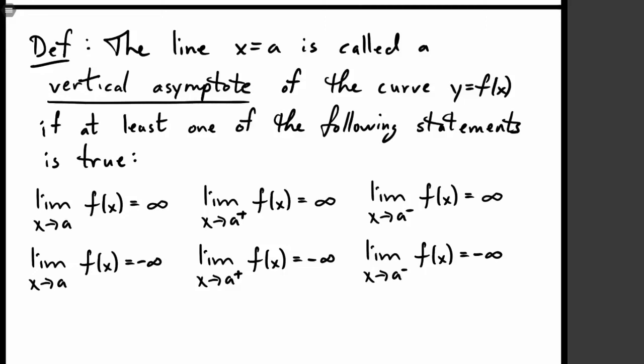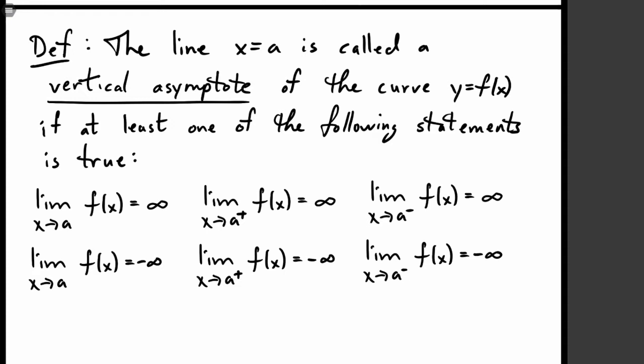Okay, so as we saw in the last video, when these limits are plus or minus infinity, we have what's called a vertical asymptote of the function. Right, so just a formal definition here real quick.